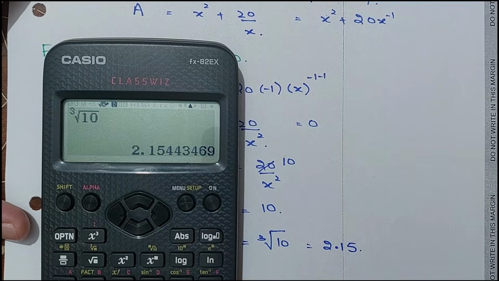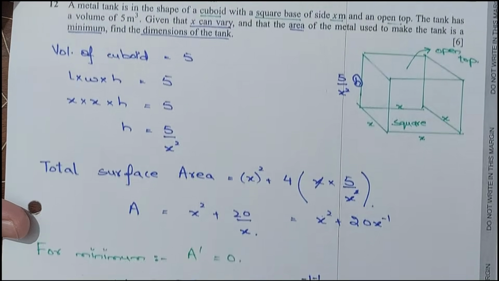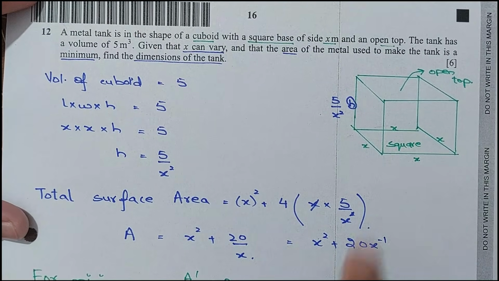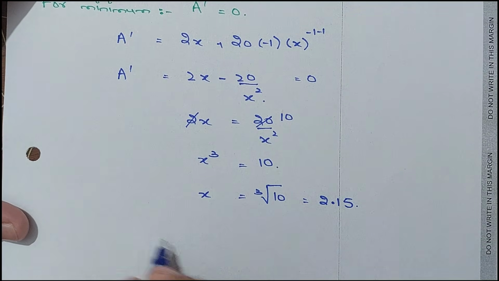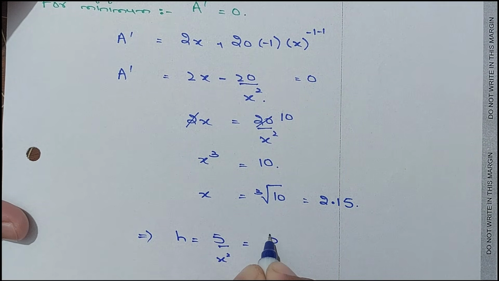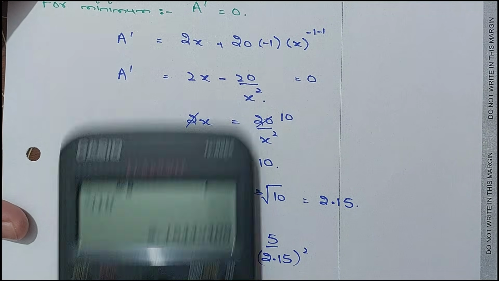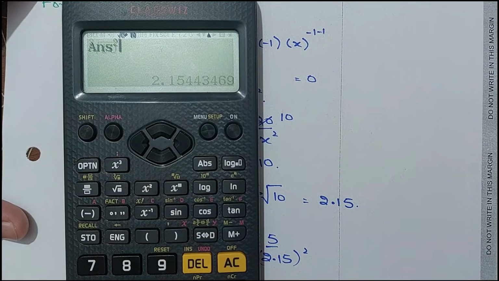Right. So we have to find the dimensions of the tank. So x is 2.15, this x is 2.15. What is the height? So the height is 5 over x square, which is 5 over 2.15 whole square. Okay, the square 5 divided, answer is 1.077.